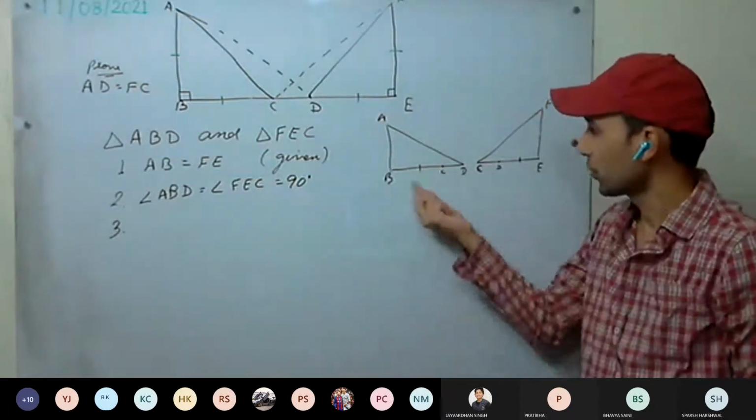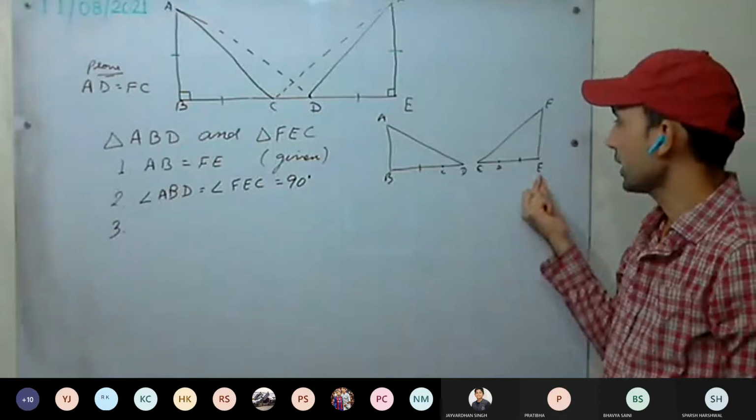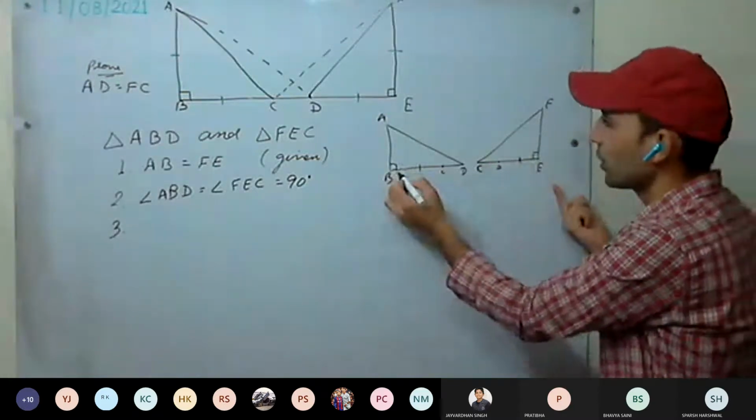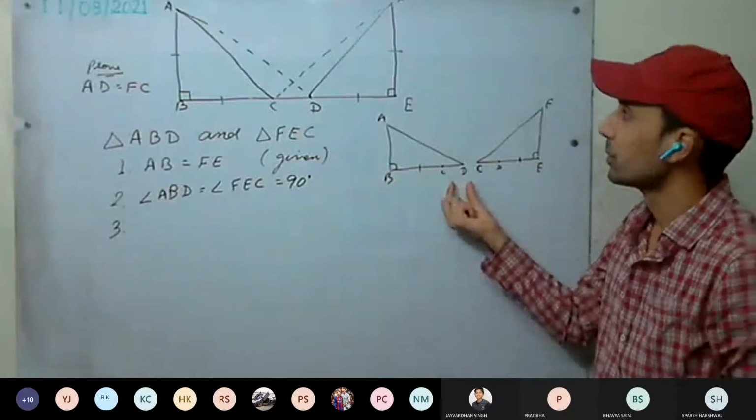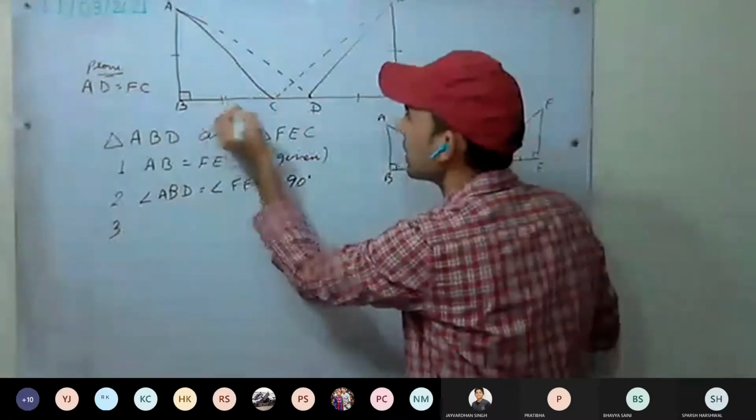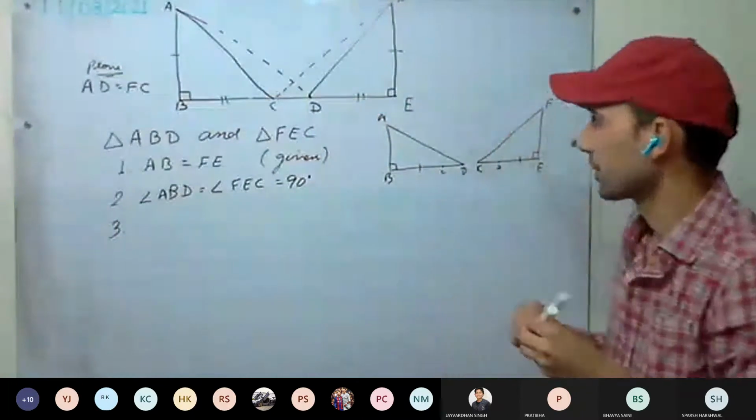We have to prove BD equal to EC. How are you going to prove? One minute, you have made a little mistake as well. Okay, now it's fine.